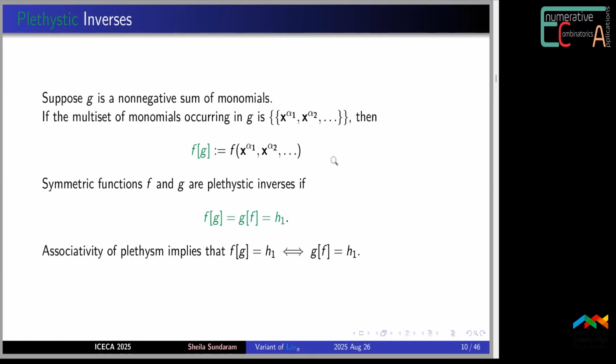This is not usually a good way to compute plethysm. Symmetric functions f and g are plethystic inverses if f plethysm with g is g plethysm with f is h_1. So h_1 is the identity for plethysm.